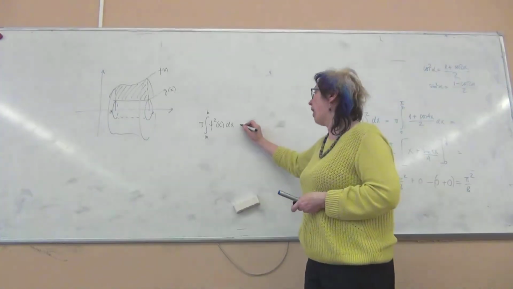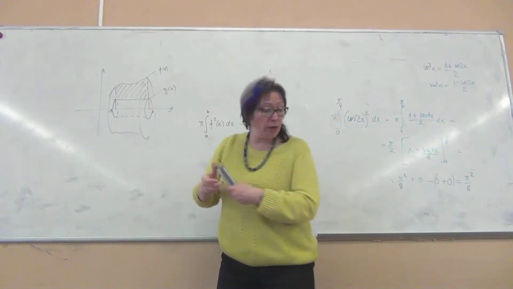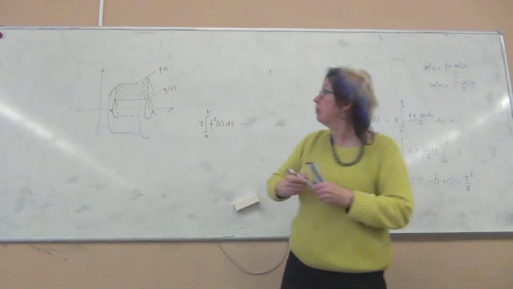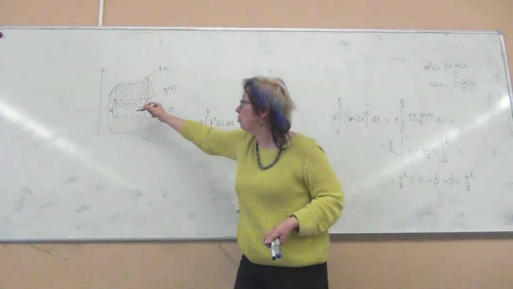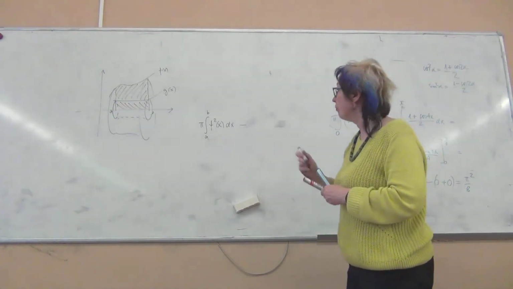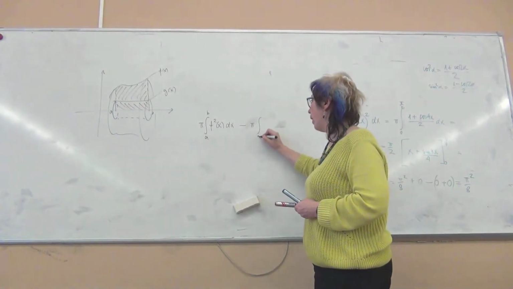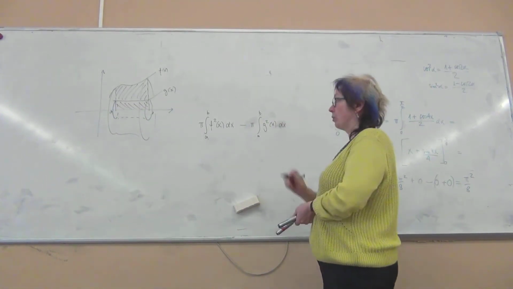Let us subtract the volume obtained by revolving this area. So we are cutting out this hole. So subtract pi from a to b function g squared x dx.